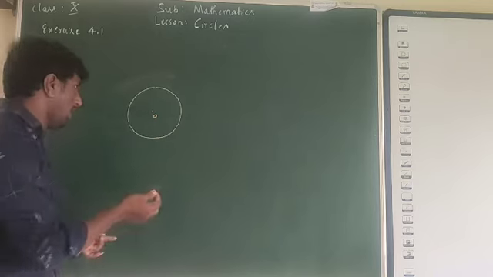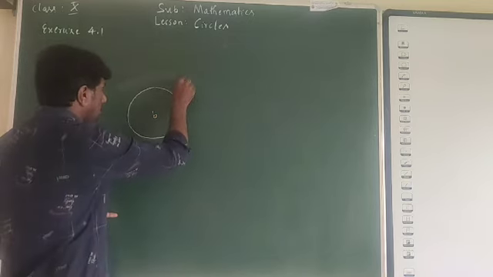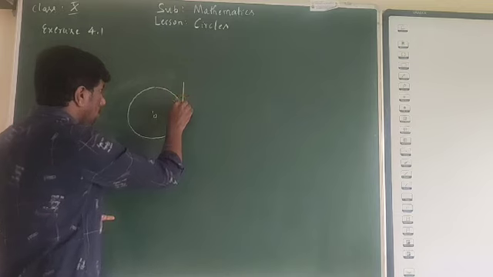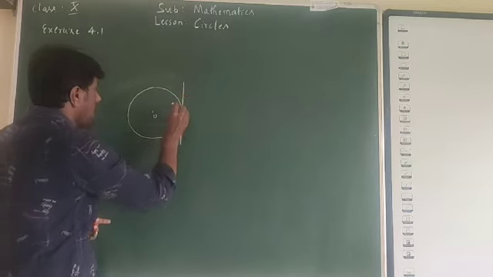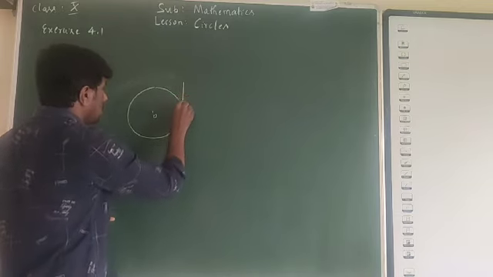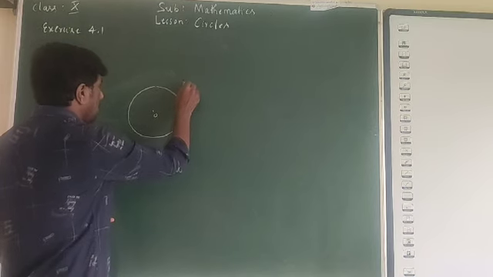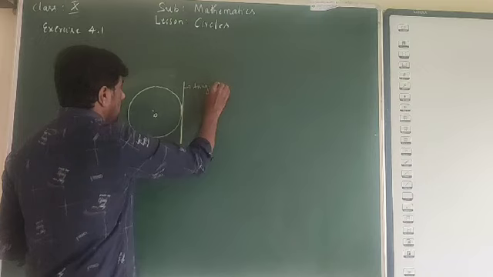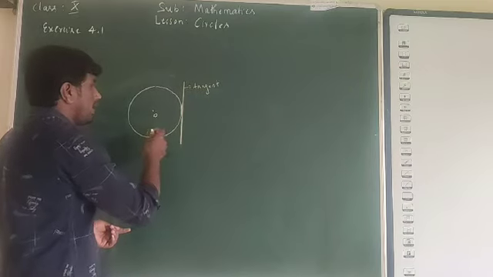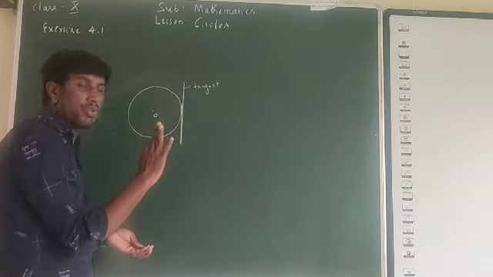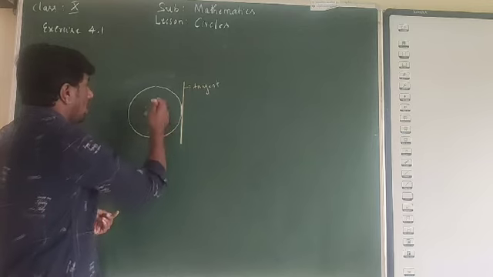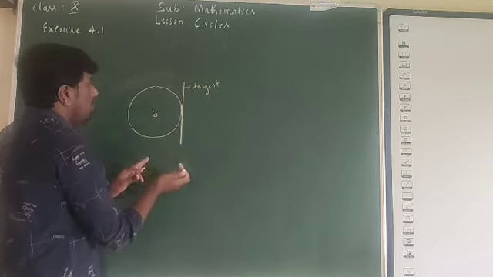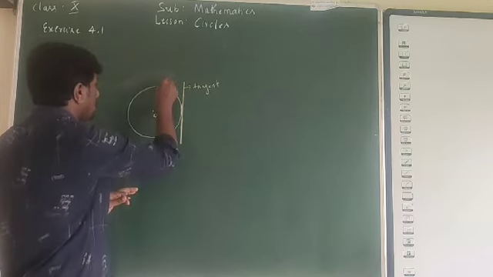It's very easy. Draw one line, a tangent. It's touching the circle, right? So it is a tangent. We have drawn one tangent. Now we should draw a secant to the circle which is parallel to the tangent.